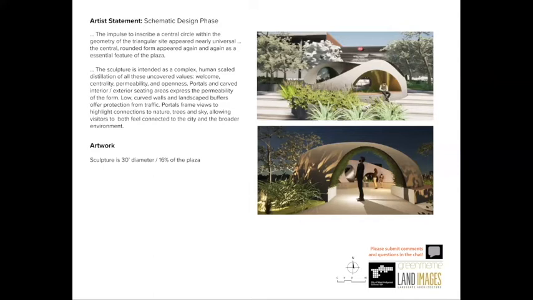And the idea of a circular round object at the center of the plaza was from the beginning always a very popular idea. I think in some cases people had visions of it as a fountain. And for this site, a fountain is problematic, but to some extent, that presence of a sculpture, a central focusing element to the site was something that we always wanted to try to provide.